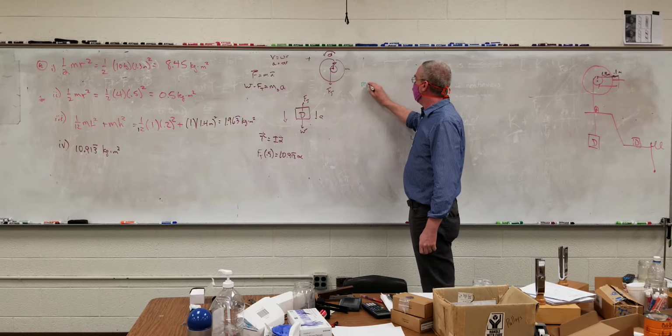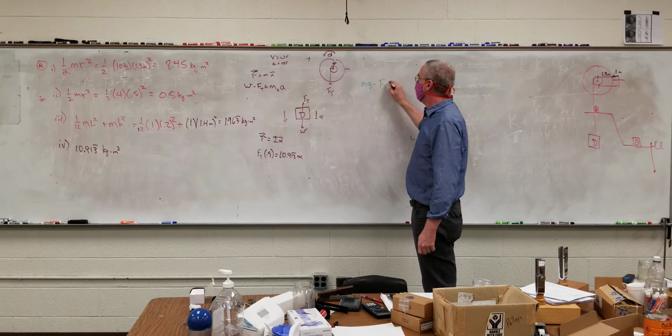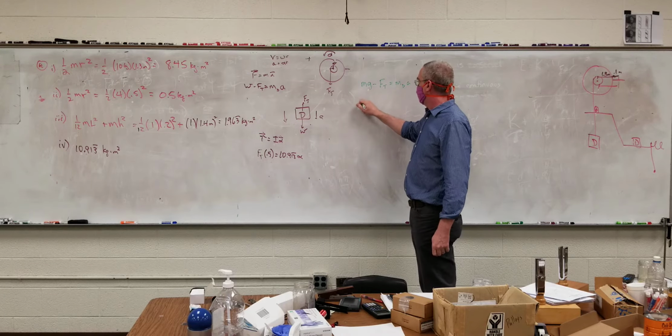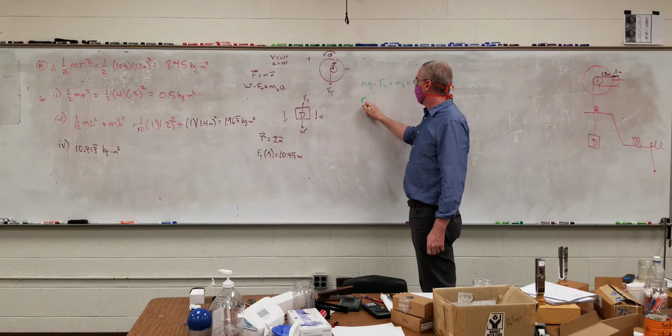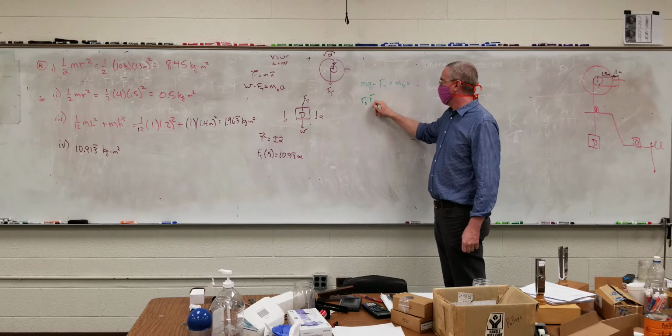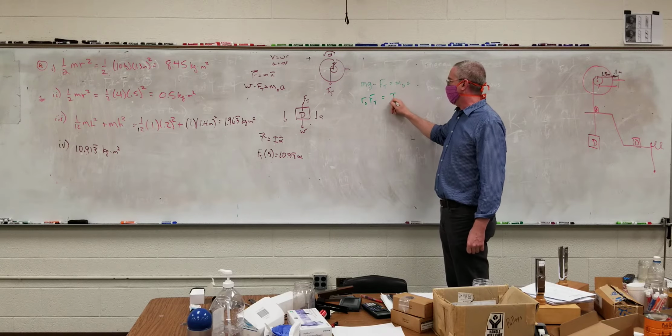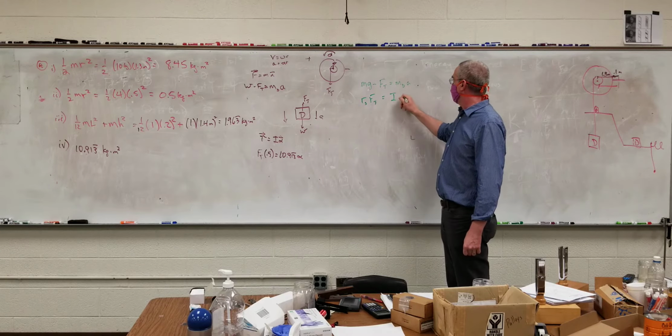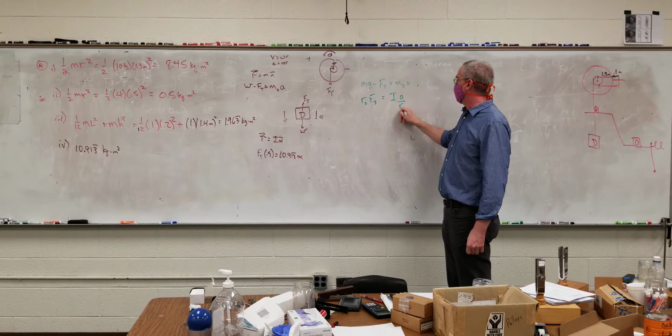So mg minus the tension is equal to m_d a, and R sub s, for small, times the tension is equal to I times alpha, that's a divided by the small radius.